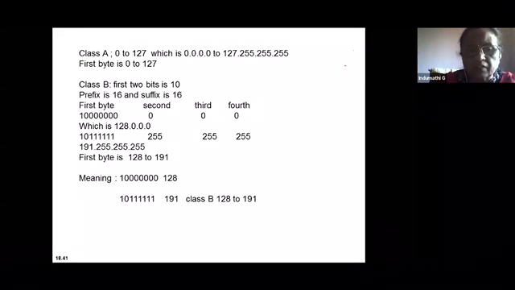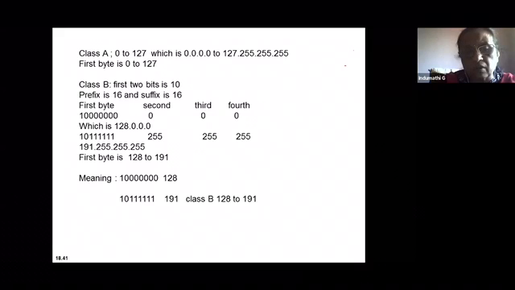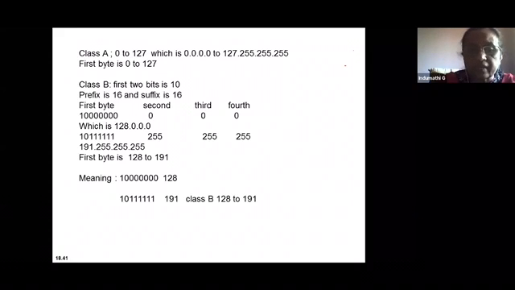The first portion of the first byte is 10 followed by all zeros. The last portion of the first byte should be 10 followed by all ones. If you convert that into a decimal value, 10 followed by 6 ones is nothing but 191. So the first byte starts with 128 and ends with 191.